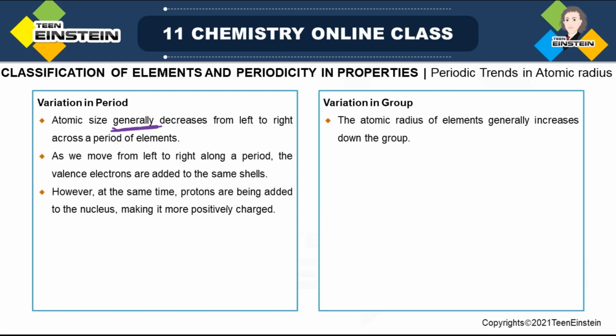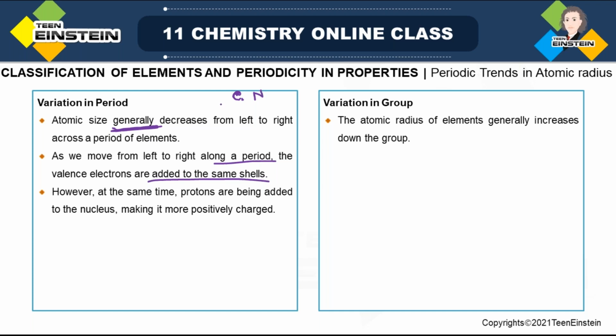When you are moving from left hand side to right hand side along a period, we know that valence electrons are gradually adding to the same shell. Just for example, take carbon, which is from the second period, and the next element is nitrogen.